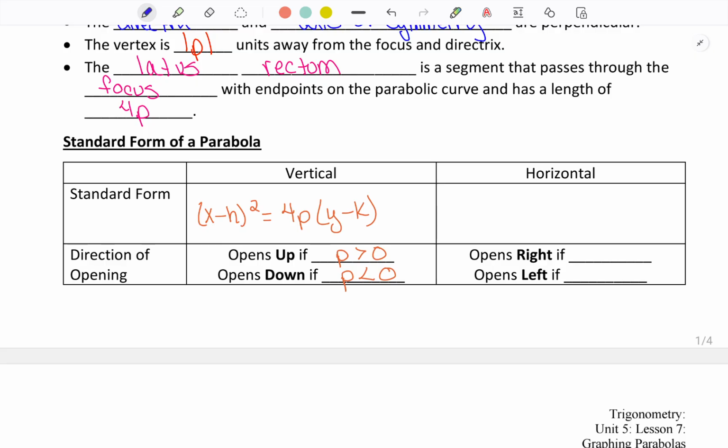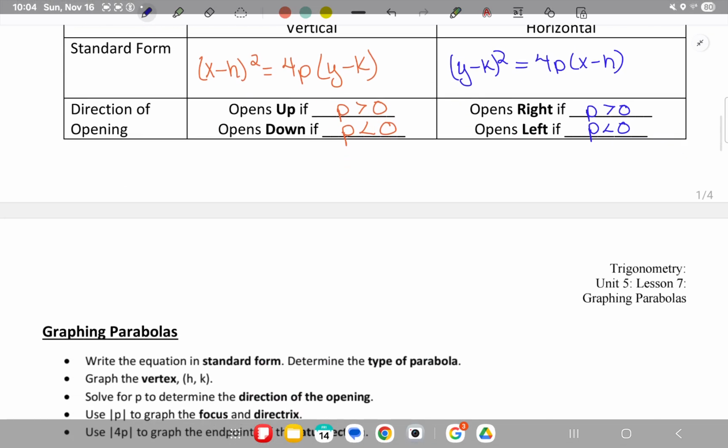So if you have a horizontal parabola, then your variables are going to switch, and you will have y minus k squared, and that is going to equal 4p times x minus h. And then you will open right if p is greater than 0, and you will open left if p is less than 0.